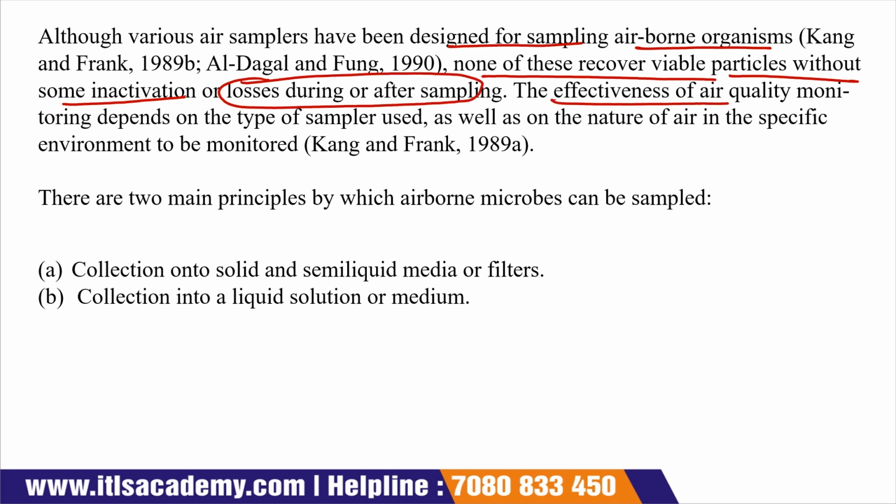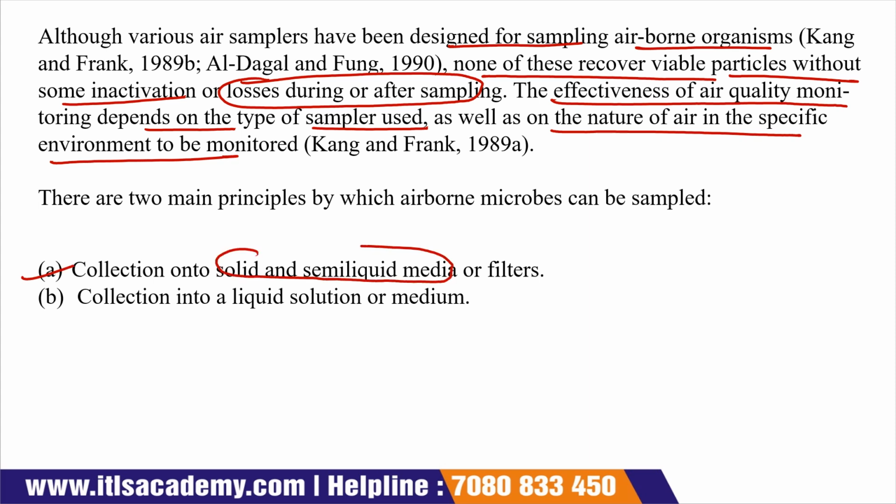The effectiveness of the air quality monitoring totally depends upon the type of the sampler which is used, as well as on the nature of the air in the specific environment to be monitored. Now there are two main principles by which these airborne microbes can be sampled. First is collection on solid and semi-solid media or a filter, or collection into a liquid solution or medium.